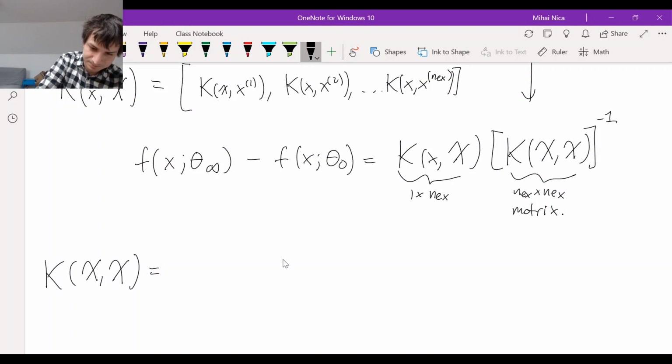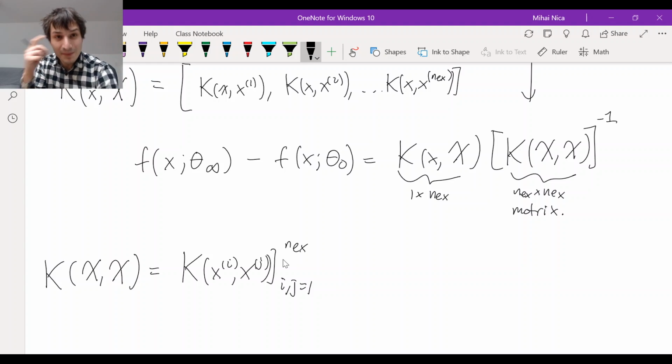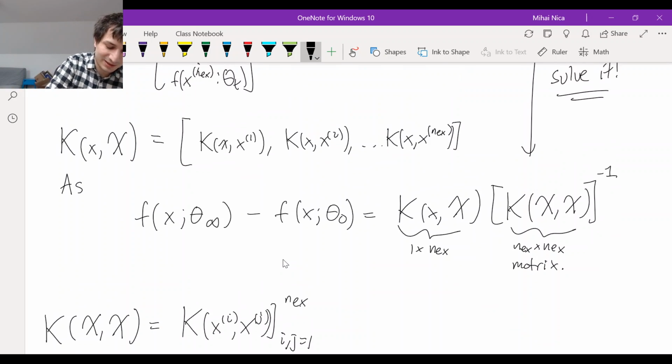Let's write it like this: k of xi, xj, and i and j go from 1 to the number of examples. So this is a matrix you get by feeding all of the possible training examples in all possible pairs into the kernel k. And then you have to do its inverse. So all of this is assuming k of xx is invertible.